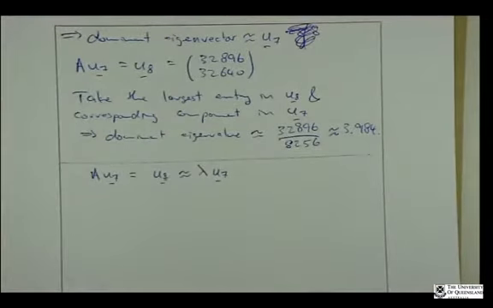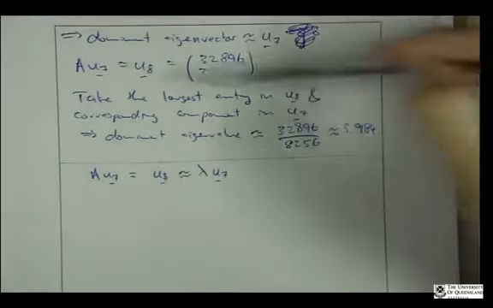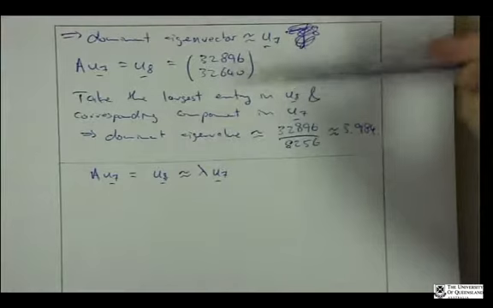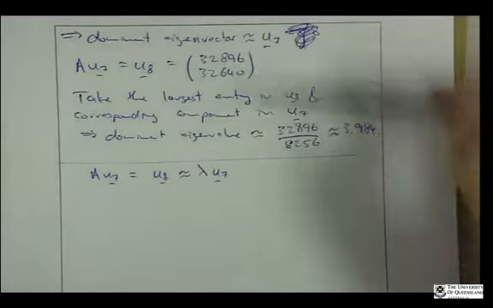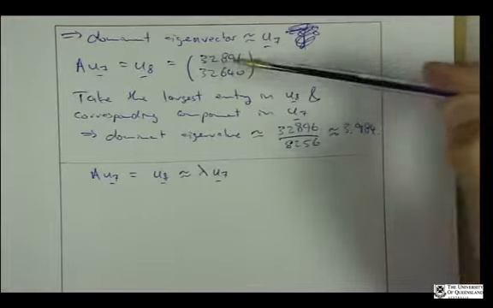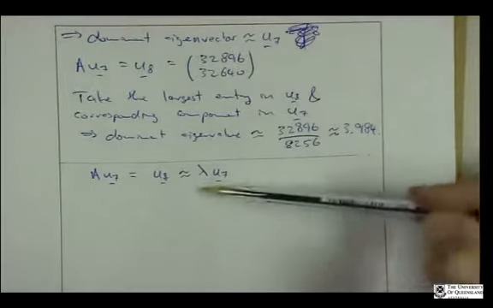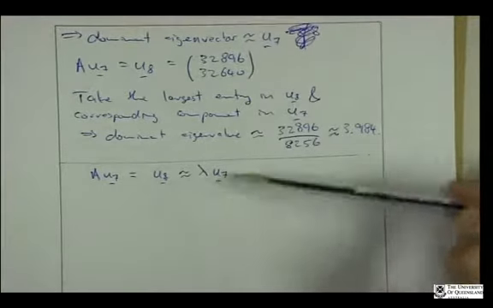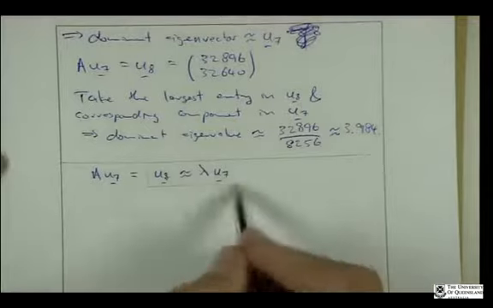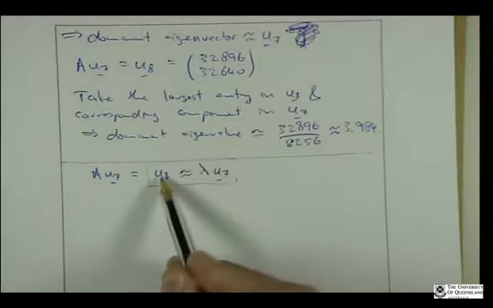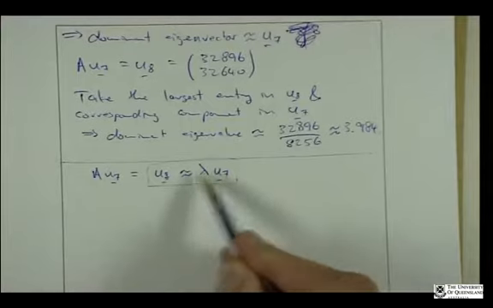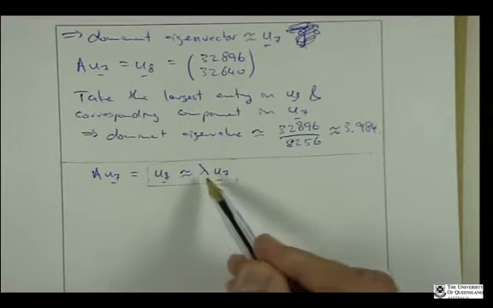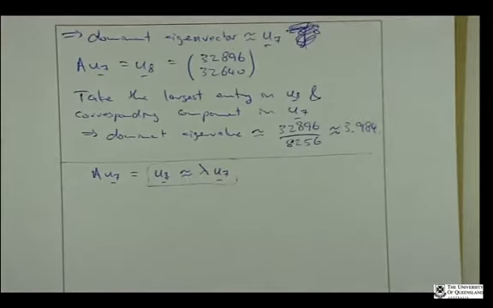In this case, we could have taken the first or second entry in U8. I'll explain in a minute why we choose the largest, but just for the moment, we took the first entry and then the corresponding entry of U7. So you can see from this equation alone, if we take the first entry in U8 and the first entry in U7 and take their ratio, it's going to give us the eigenvalue approximately. Okay, so that's why that works.